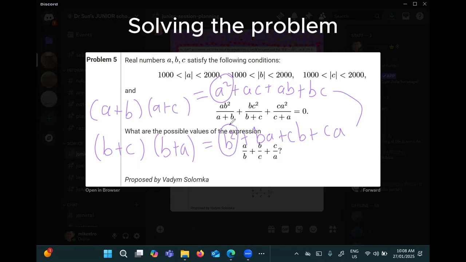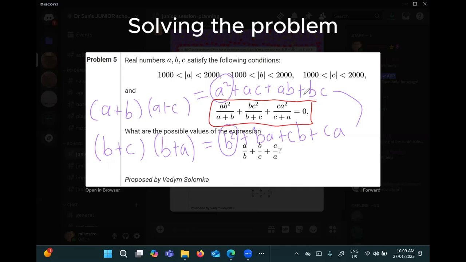So how does that come up? Well, in this problem, you're given this condition, right? You want to do something with this condition, okay? One natural thing to do here, well, I don't know how natural it is, but one thing you can do is just to clear the denominators, yeah?